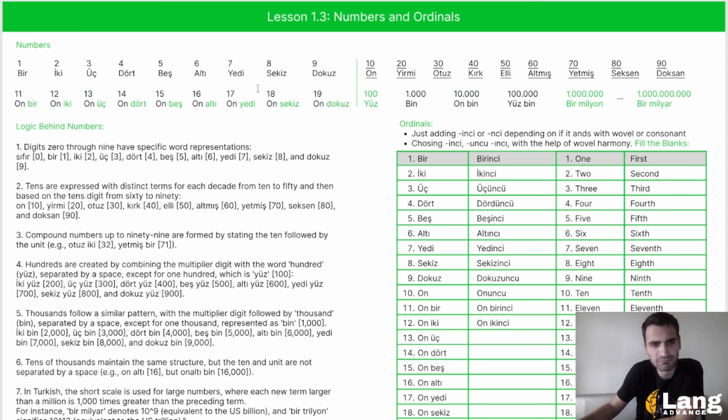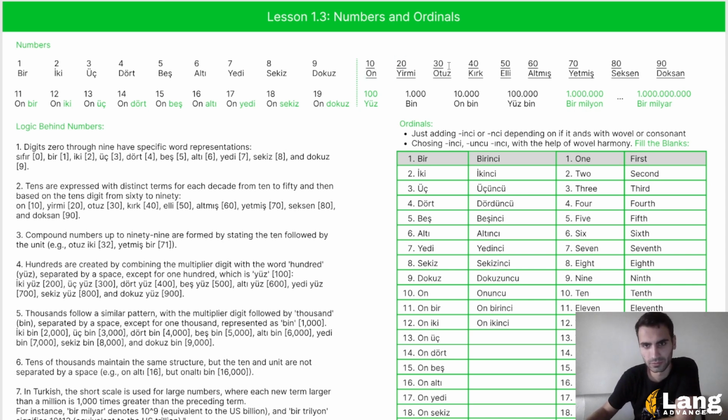And it's so simple. If you just remember 1, 2, 3, 4, 5, 6, 7, 8, 9, 10, you will know many numbers.